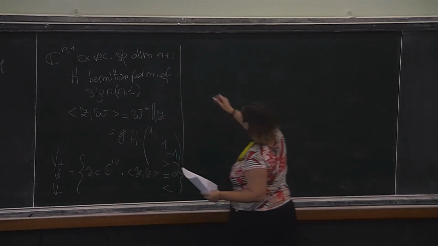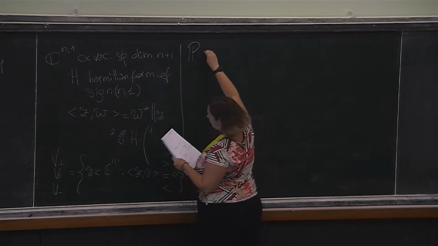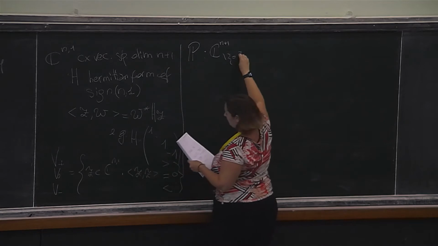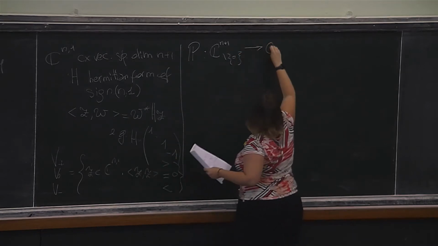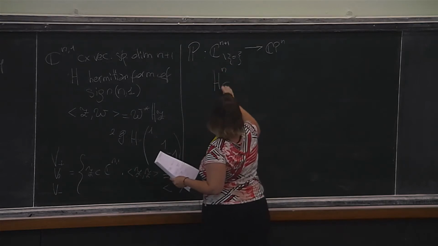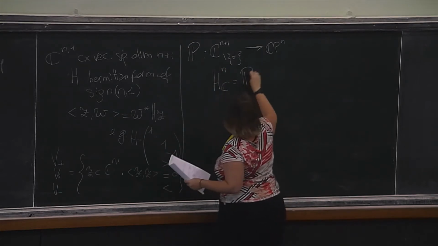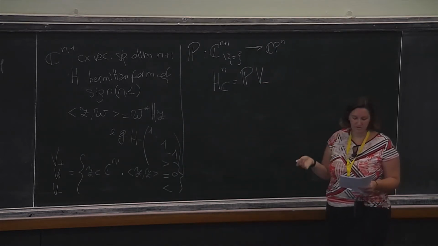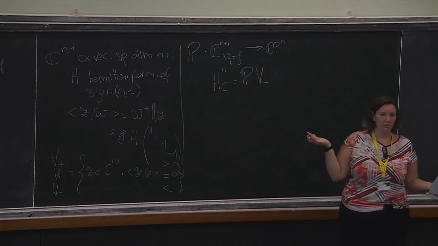Then we consider the projection of C^{n+1} minus 0 onto CP^n. And we define the complex hyperbolic n-space to be the projectivization of the subspace V minus, because this projection preserves the subspaces, so we can do that.